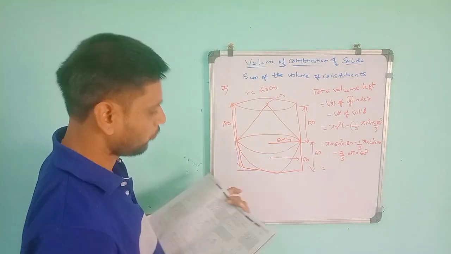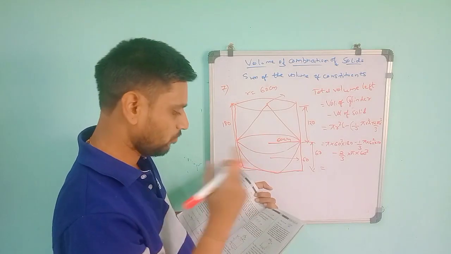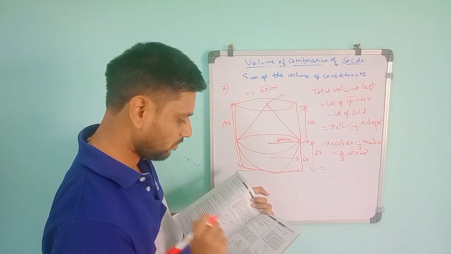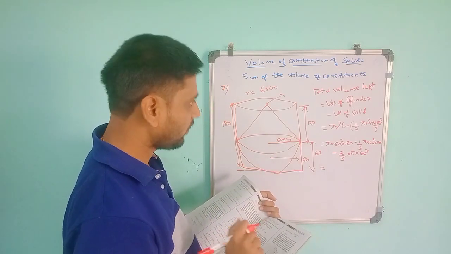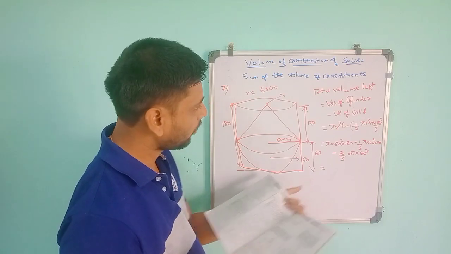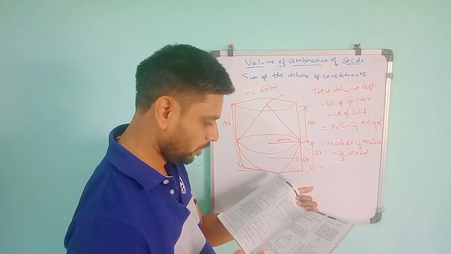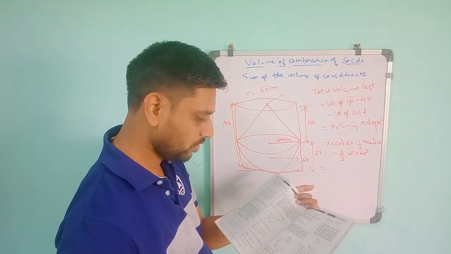so the total volume of water left in the cylinder is the volume of the cylinder minus the volume of the solid. So the volume of the cylinder is pi r square h, minus 1/3 pi r square h and 2/3 pi r cube. Then pi into 60 square into 180, then 1 by 3 pi into 60 square into 120, then 2 by 3 pi into 60 cube.